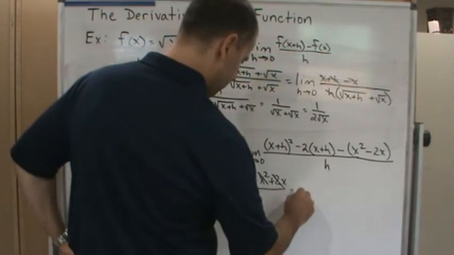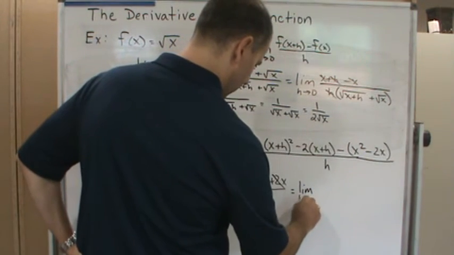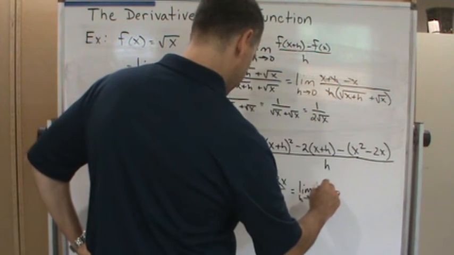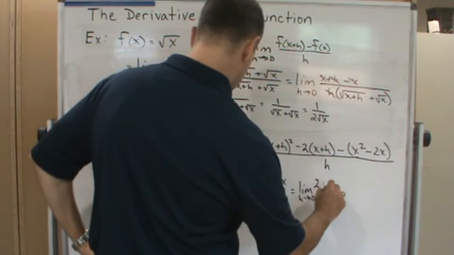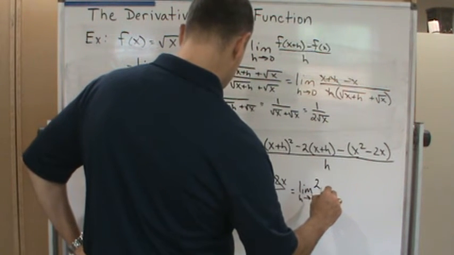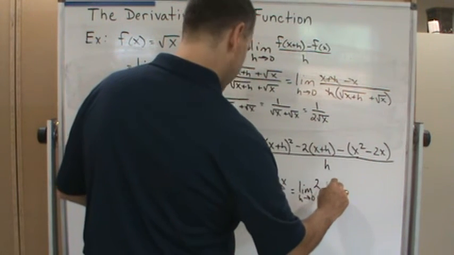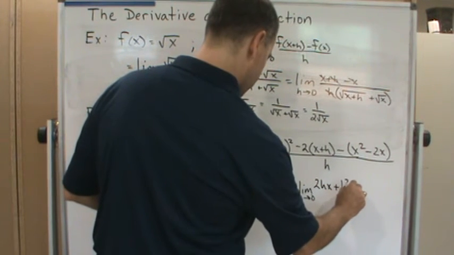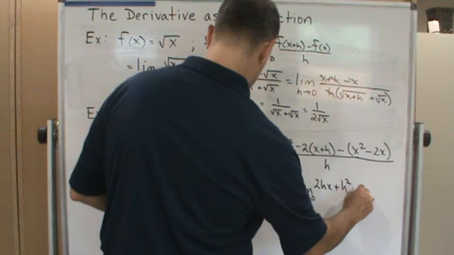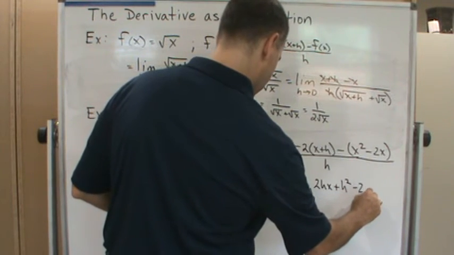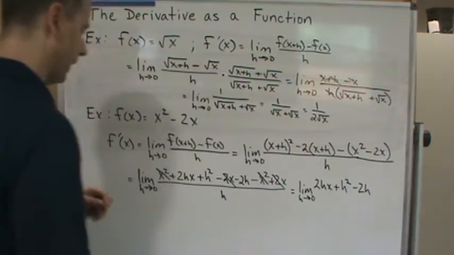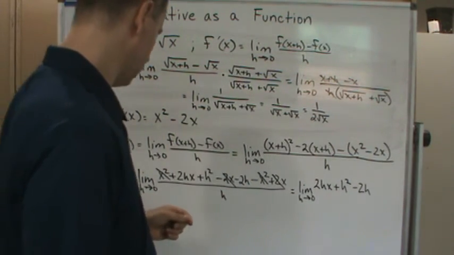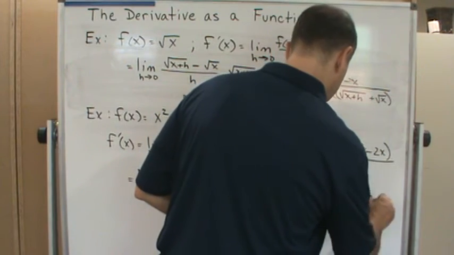So now this becomes the limit as h approaches 0 of 2hx plus h squared minus 2h, over h.